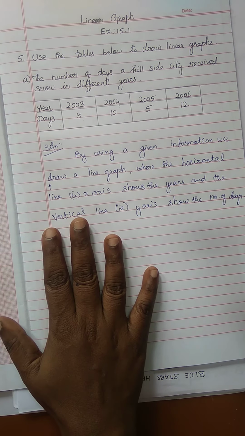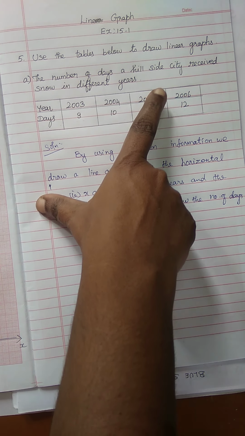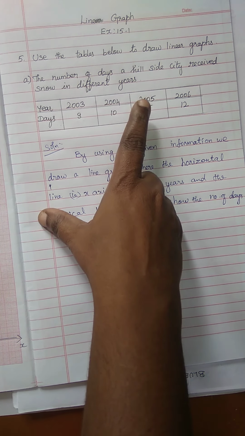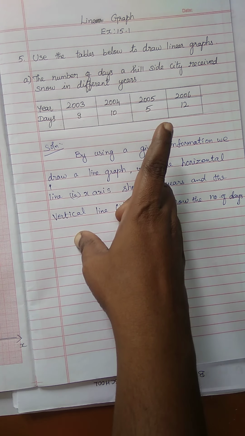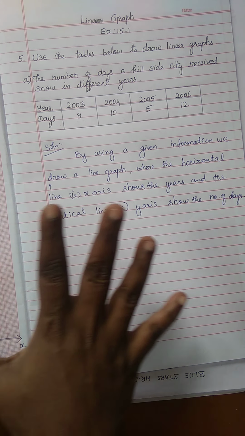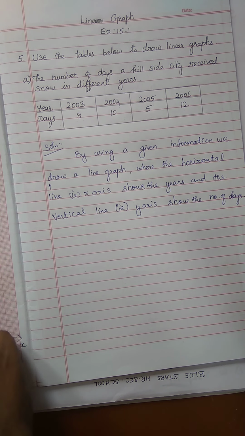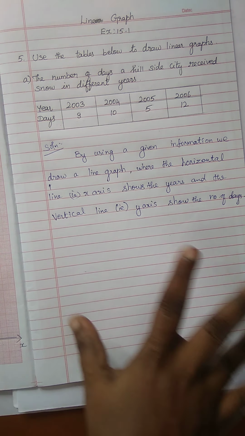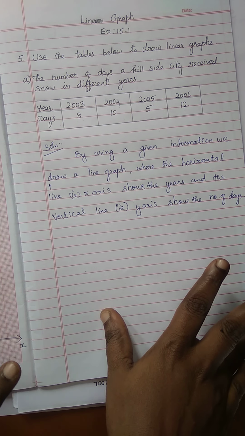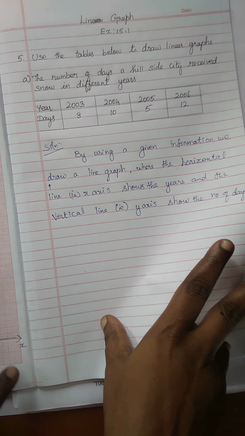Subdivision A completed. The given is the number of days a hillside city received snow in different years. So years and days are given, and we mark that in the graph. The x-axis represents the years, the y-axis represents days. So we mark this in a linear graph method. We write this. That's all. Subdivision A is complete.